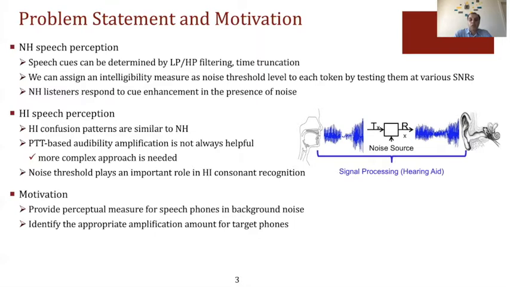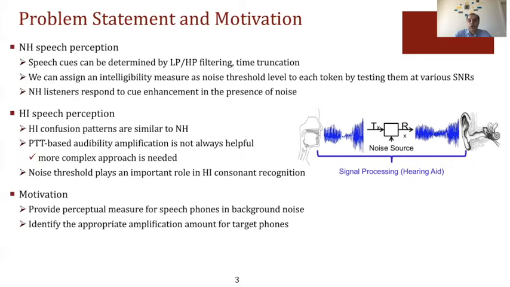If we enhance that cue region, normal hearing listeners will respond to this enhancement. With higher noise, if we amplify that cue region, the score can improve. For hearing impaired subjects, we observe that the confusion patterns are very similar to normal hearing.